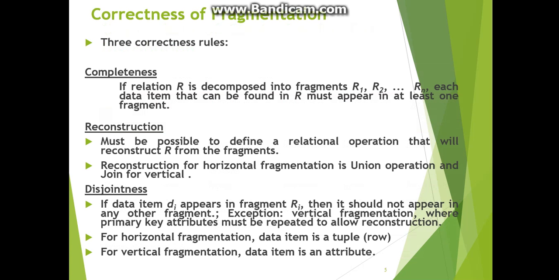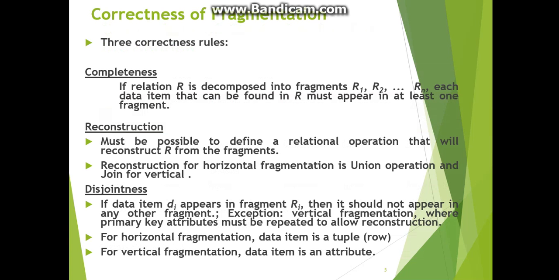As I have told earlier, if a relation R is decomposed into fragments R1, R2, up to Rn, then each data item that can be found in R must appear in at least one fragment. That means data should not be lost. If there is data loss, then the fragmentation is of no use. You must take care that all the data in the original relation is preserved.